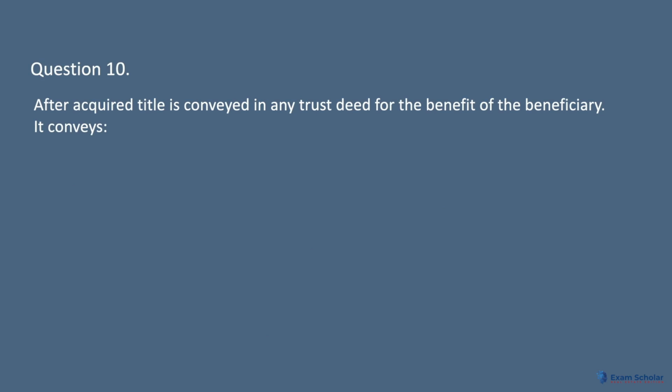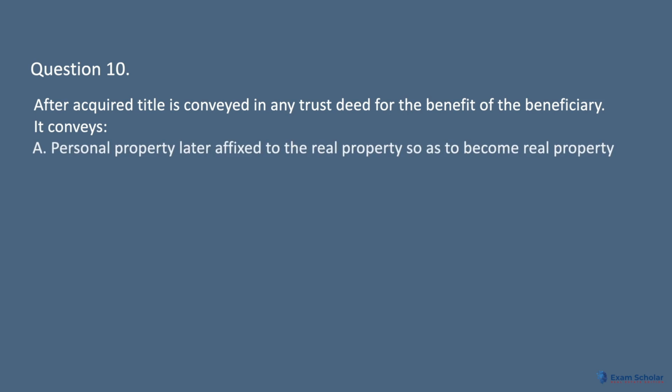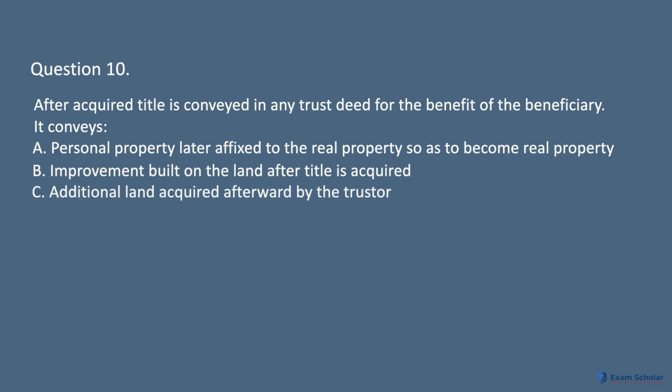After acquired title is conveyed in any trust deed for the benefit of the beneficiary, it conveys A. personal property later affixed to the real property so as to become real property. B. improvement built on the land after title is acquired. C. additional land acquired afterward by the trustor. D. all of the above.